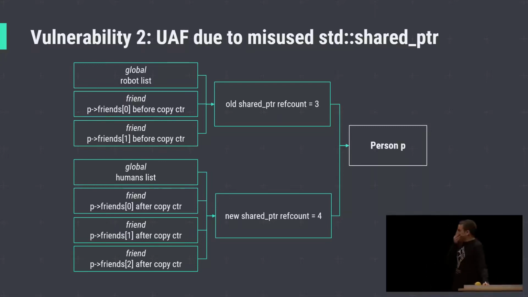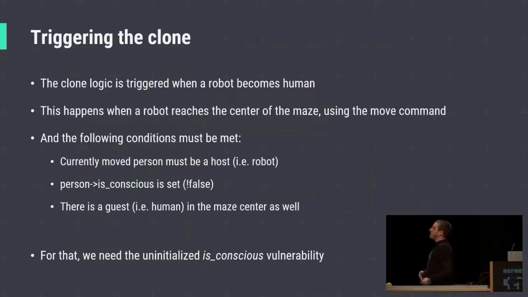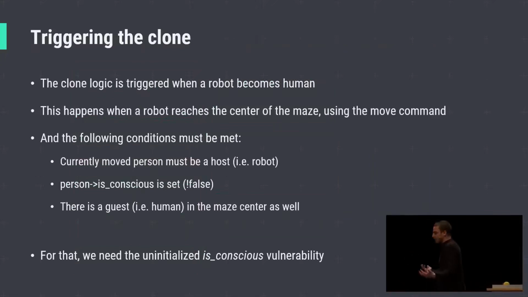So, cool, awesome. The problem is that you can't say that you have a vulnerability if you don't have a flow, right? You have to trigger the flow. We can do it by taking a robot and transforming it to a human, just like I told you. This happens when you have both robots and humans in the center of the maze, okay? And you have to meet those preconditions.